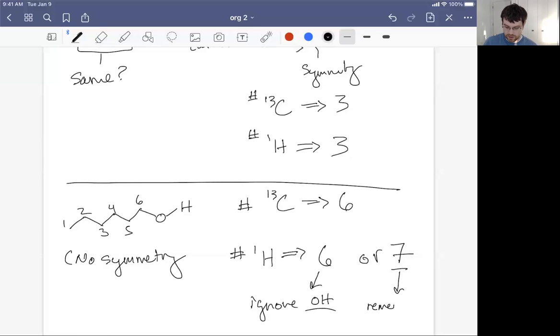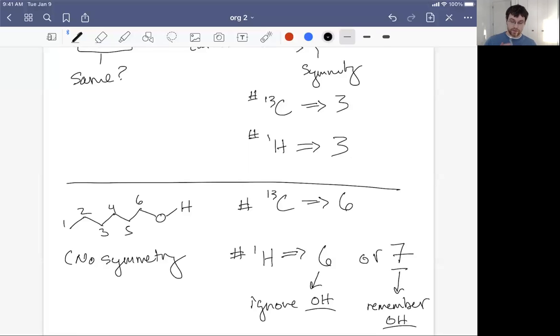And if you want to remember the OH, go ahead. This is just if somebody said, hey, here's hexanol, how many proton NMR shifts will I expect to see for the 1H nucleus? If somebody said 6 or 7, all of those possibilities are fine and correct answers.